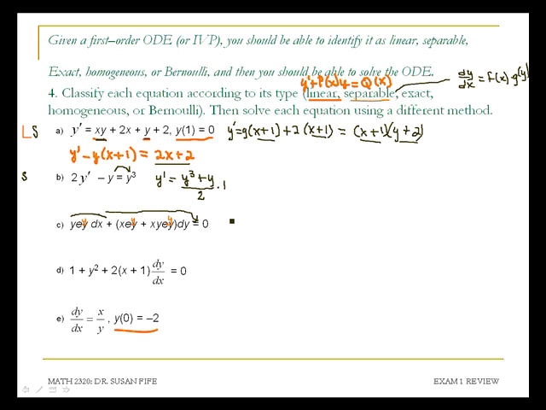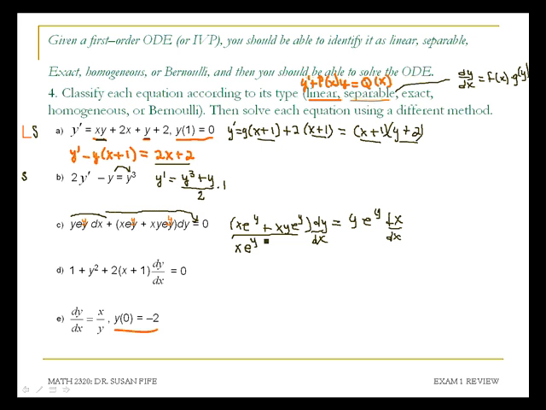That's going to give me x e to the y plus x y e to the y dy equals y e to the y dx, and then I want to divide both sides by dx and divide both sides by this numerator, and notice that that numerator has an x e to the y in common.